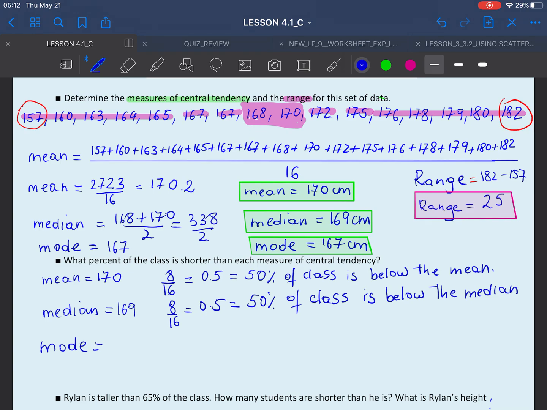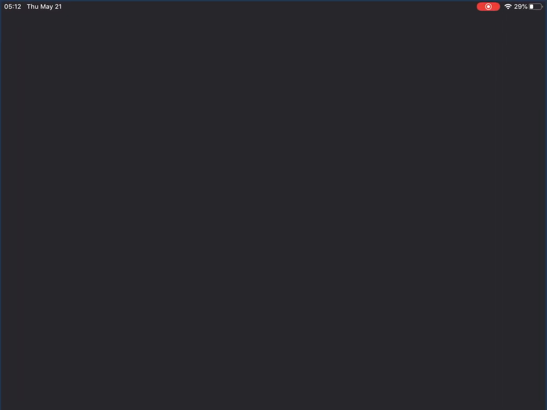All right, so last measure of central tendency, the mode, is 167 centimeters. So we have to count how many people have a height of less than 167. So 1, 2, 3, 4, 5. So 5 people have a height of less than 167. So 5 out of 16.